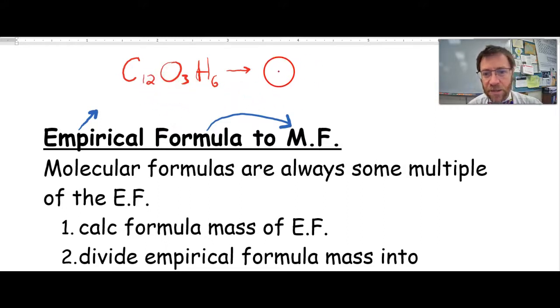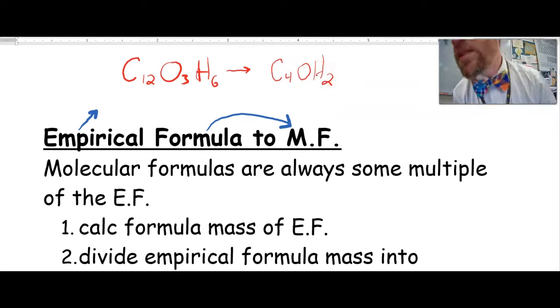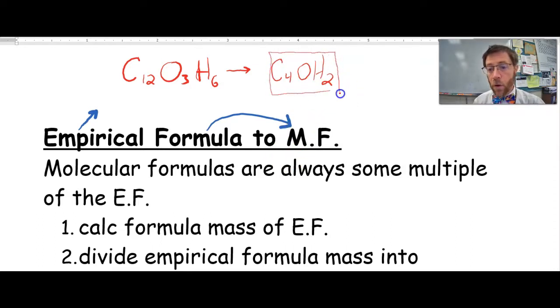We're going to divide everything by 3. So we'll have C4OH2, right? What's important to see here is that this is the lowest ratio, and there are multiples of the empirical formula in our molecular formula. So in this case, there are three empirical formulas in the molecular formula. You guys see that? You guys see how that works?